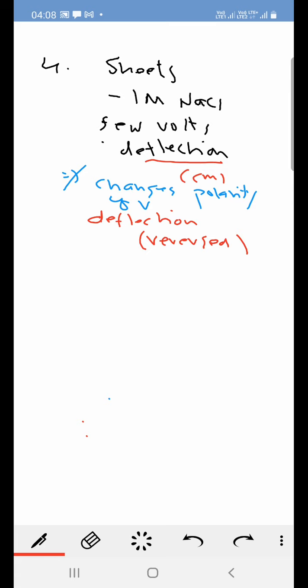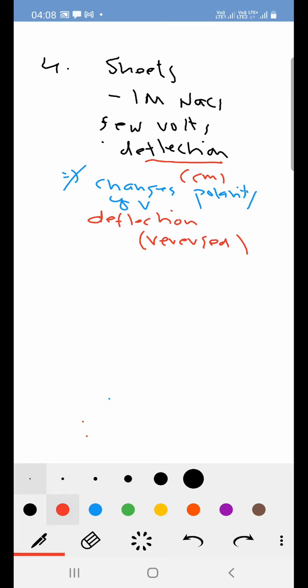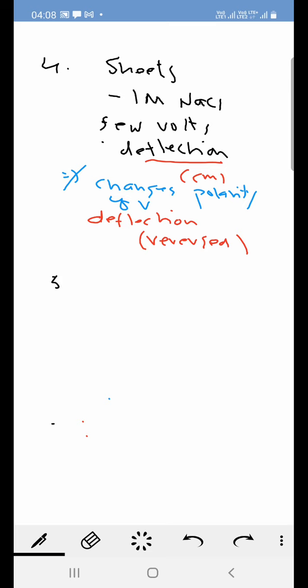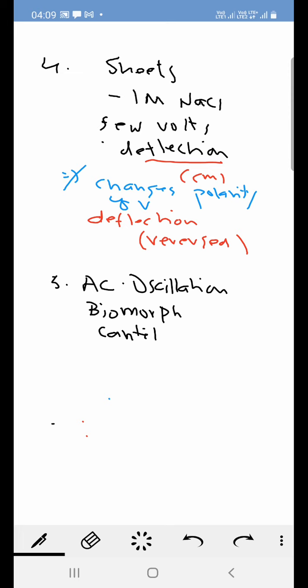Now, if we apply alternating current instead of DC, this process of reverse deflection will keep on. AC consists of oscillating electric voltages, so this will lead to a bimorph cantilever actuator.